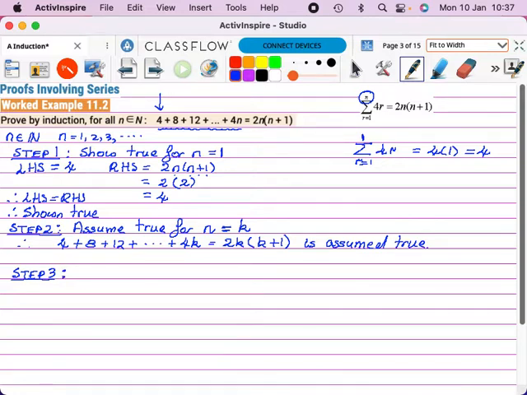So, need to show true for n equals k plus 1 using step 2 and possibly step 1.